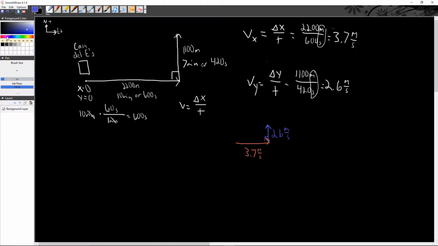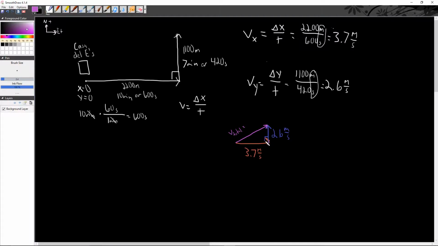So now, with these things plotted head to tail, my actual total velocity, the sum of my two velocities, the sum of my two vectors, I can figure that out just by starting with my first starting point and drawing an arrow that ends at my last arrow. This would get me my total velocity.